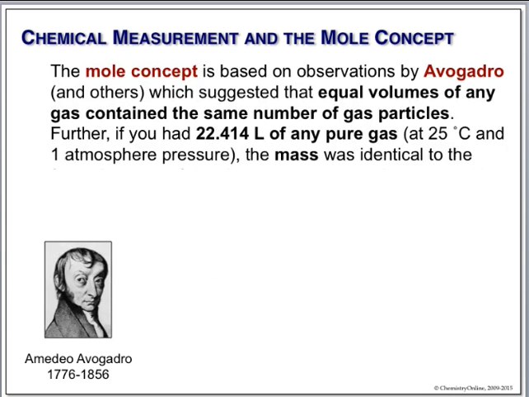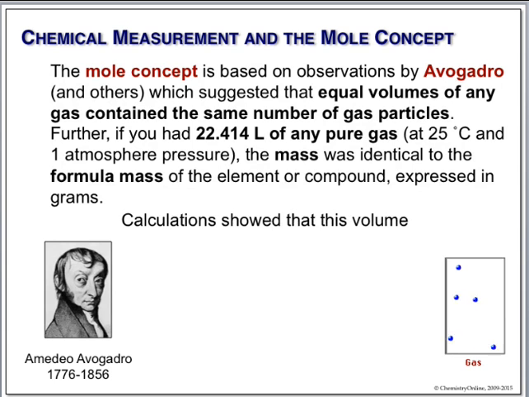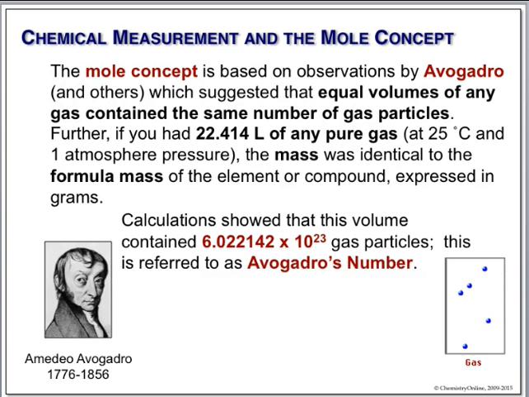Now, Avogadro came up with this concept when he was dealing with gases. The observation that he made, and this was really good for the time, was that if we had 22.4 liters of any pure gas, the mass of the gas was equal to the formula mass of the element or compound.